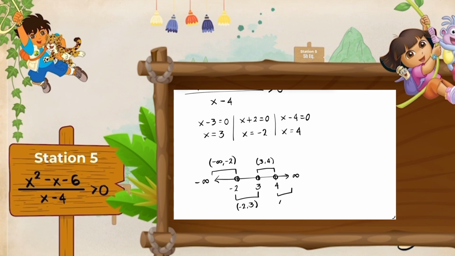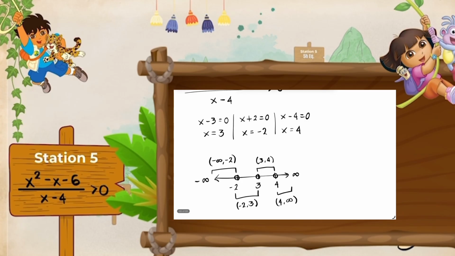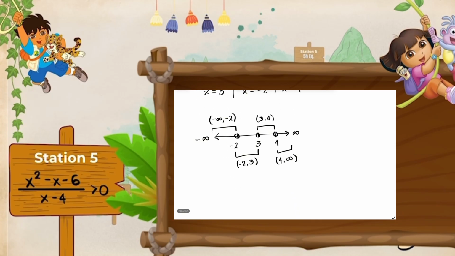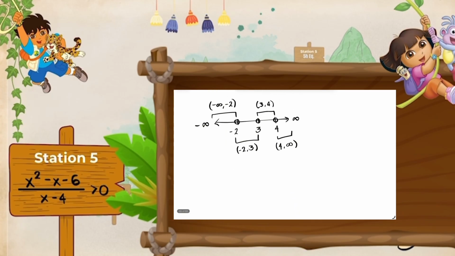And positive 4, positive infinite. Next, we're going to choose a number in between those ordered pairs. First, we have negative infinite, negative 2. Let's choose negative 3.